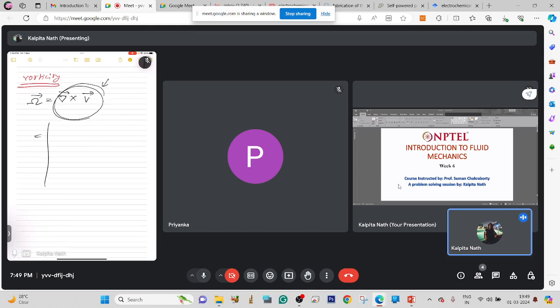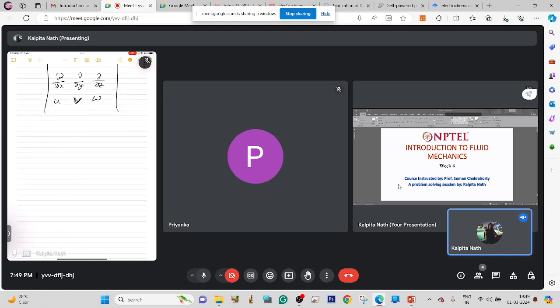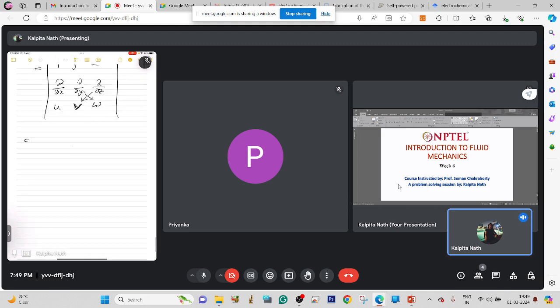So if we break down the curl, it will be the determinant with i, j, k, del x, del y, del z, and u, v, w. So simply we'll break it down: i cap will be this into this minus this into this, and so on.